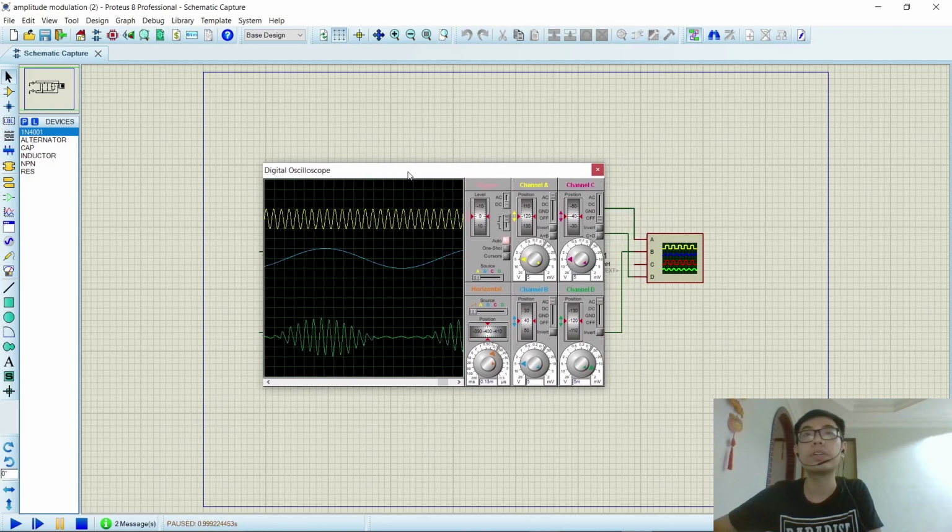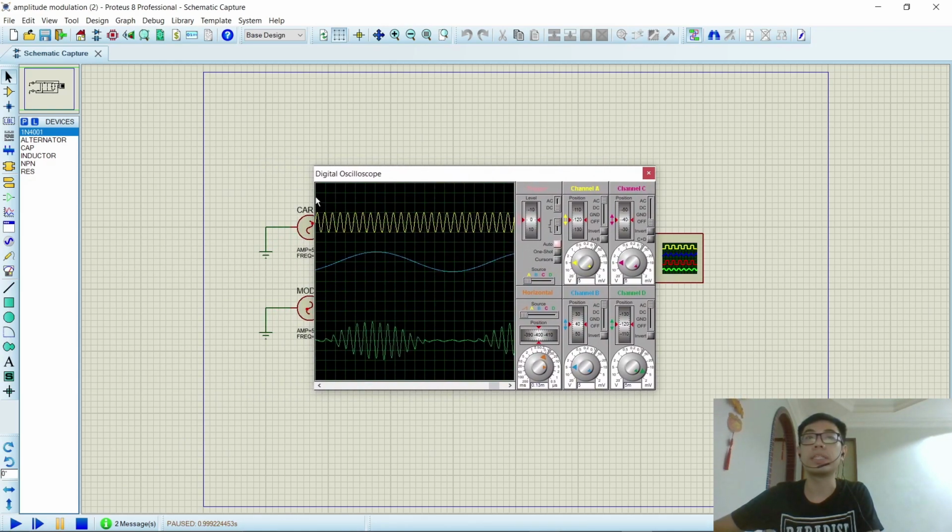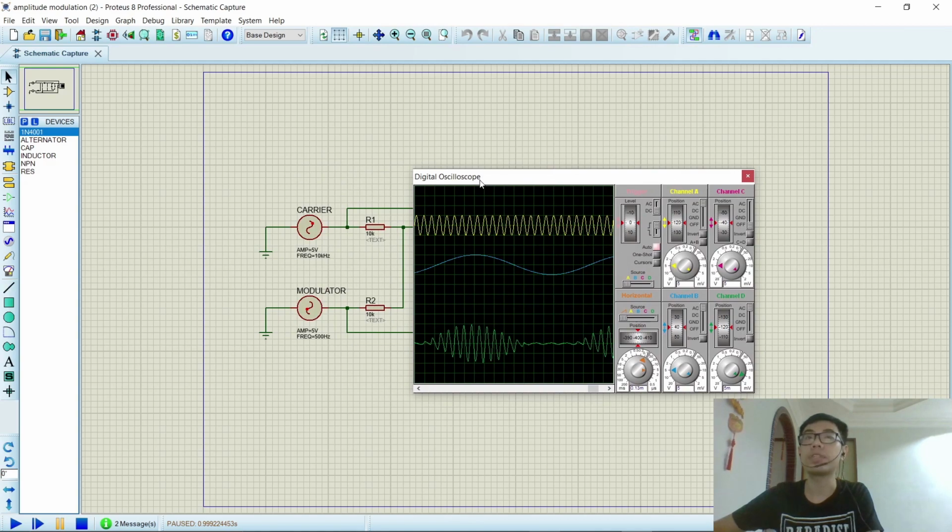As you can see here, our input of two AC sources is connected, and the carrier signal is connected to channel A, the modulator signal is connected to channel B, and our output signal, which is the modulated wave, is connected to channel D. So after we take the reading, we have found that the amplitude of our modulator signal is about 10 millivolt and it has a frequency of 500 hertz.